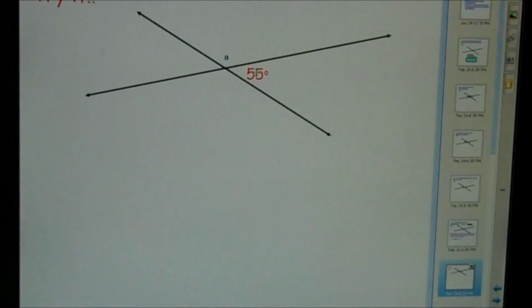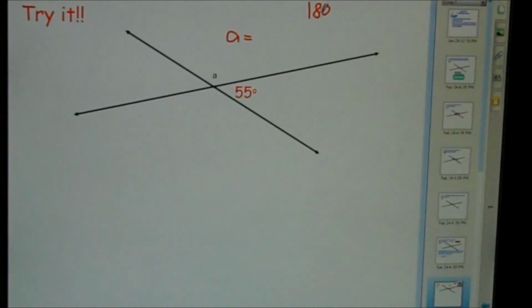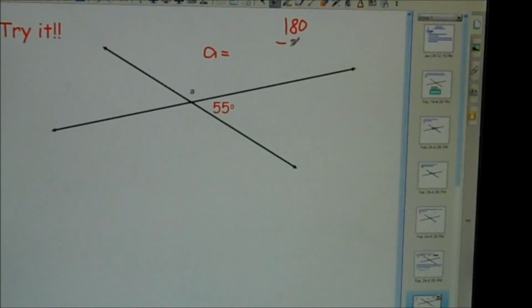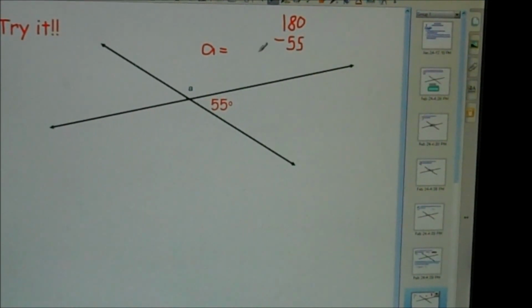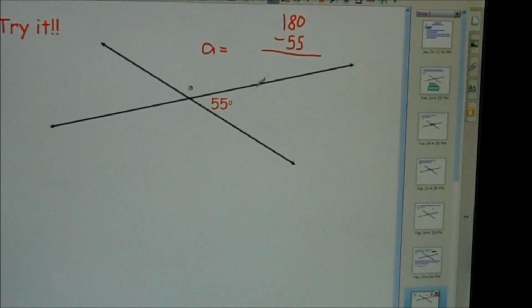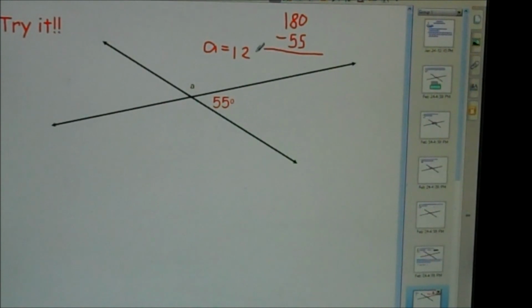These two angles are adjacent angles. They're also supplementary angles. What would the measure of angle A be? I hope you said angle A has to equal 180 degrees minus 55. That would mean that angle A has to equal 125 degrees.